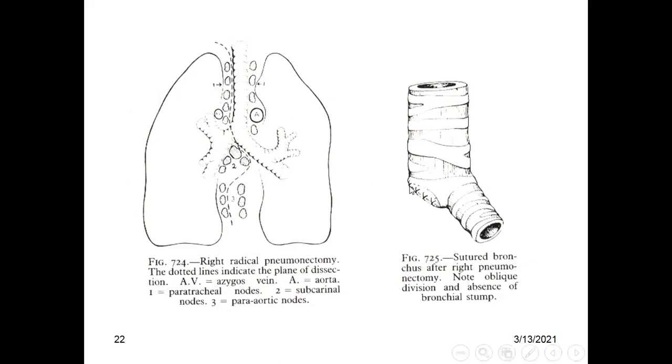And please observe that the line of resection of the mainstem bronchus is flush with the carina. There is no bronchial stump. It's very important to avoid leaving a lengthy bronchial stump. Otherwise, secretions can stagnate and result in infection and dehiscence of the stump and development of bronchopleural fistula.